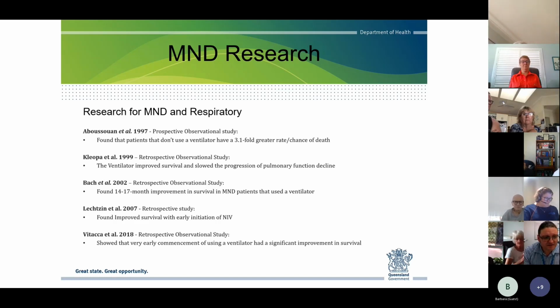Then the Lechen group in 2007 found improved survival with early initiation of NIV. NIV is the master machine. They found the earlier you get it on, the better. Then in 2018, after a lot of research in between, they showed that very early commencement of using a vent had a significant improvement in survival.